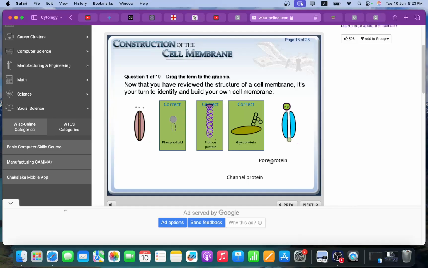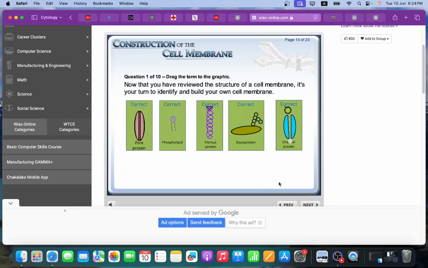Pore protein. Channel protein. Which one is pore protein? Which one is channel protein? This is a pore protein, like it's pouring, and this is a channel protein. It's like letting things through. I have to know the distinction between pore proteins and channel proteins. Gotcha.